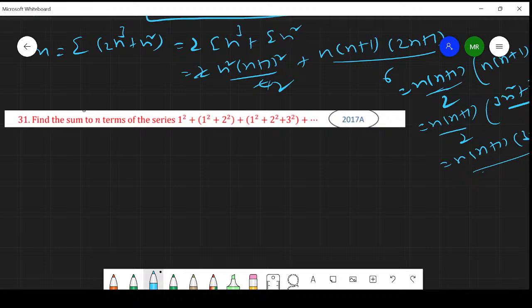Find the sum to n terms of the series 1 square plus (1 square plus 2 square) plus (1 square plus 2 square plus 3 square). Here I can write the nth term of the series.